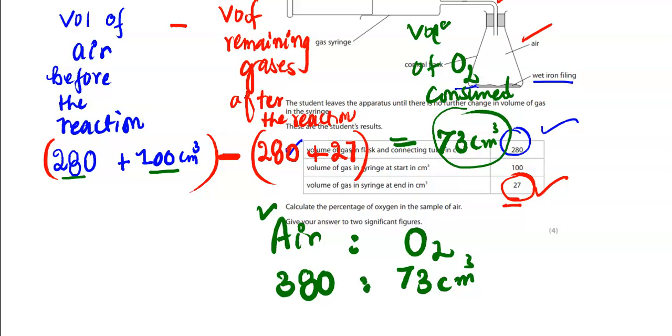So we need a percentage, so we just need to know what about 100. If it is 380 instead, what about 100 centimeter cube volume of air? So we cross multiply and we get the answer.